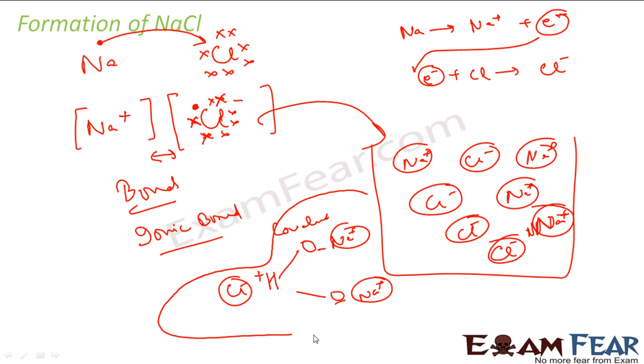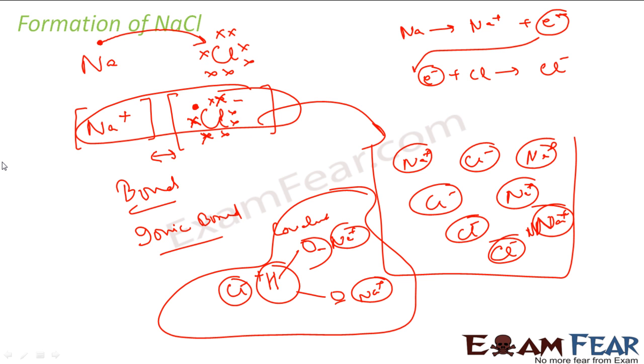We'll explain more when we learn the covalent bond and the structure of water, but just for knowledge, I told you why ionic bonds break when you put them in water: water has this different structure where hydrogen is slightly positive and oxygen is slightly negative. But if you are not putting this in water, it is very strong and has a very high melting point because the bond is strong.